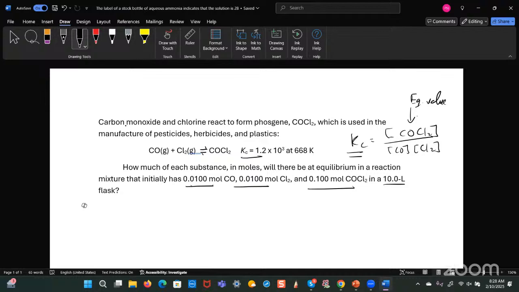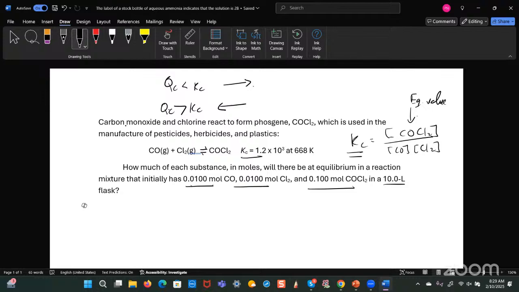If Qc is less than Kc, the reaction is going to shift to the right. But if Qc is greater than Kc, then the reaction is going to shift to the left in order to achieve equilibrium. All right?